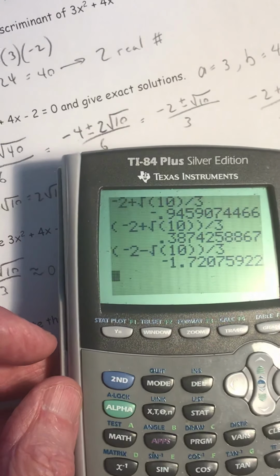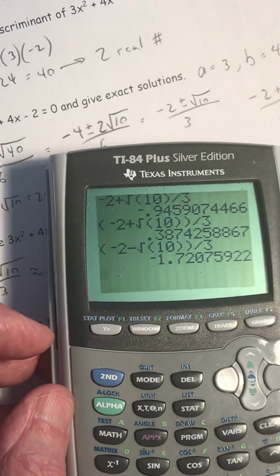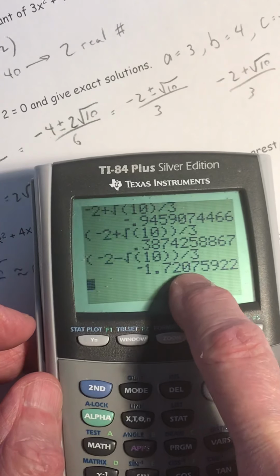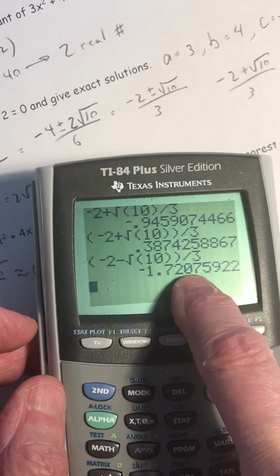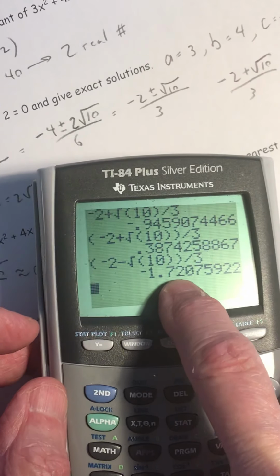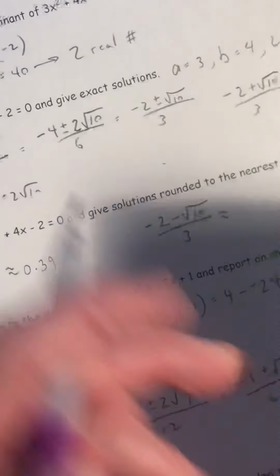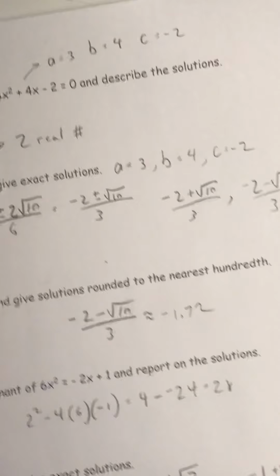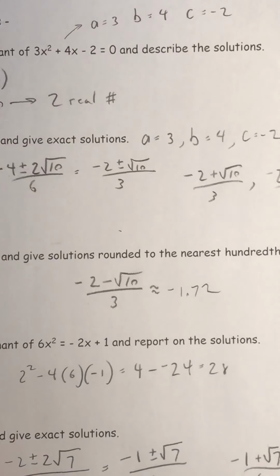And then we get the other decimal version of the solution. The 2 is in the hundredths place. Next digit is telling us round down. So negative 1.72. Negative 1.72 for the rounded to the hundredth version of that.